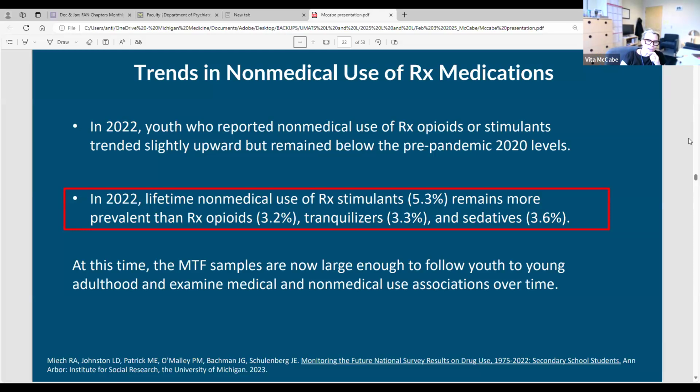Remember, that's higher than prescription opioid misuse, tranquilizers, or sedatives. And so, as many of us in this space know, stimulants are really kind of the orange is the new black, right? Next slide.